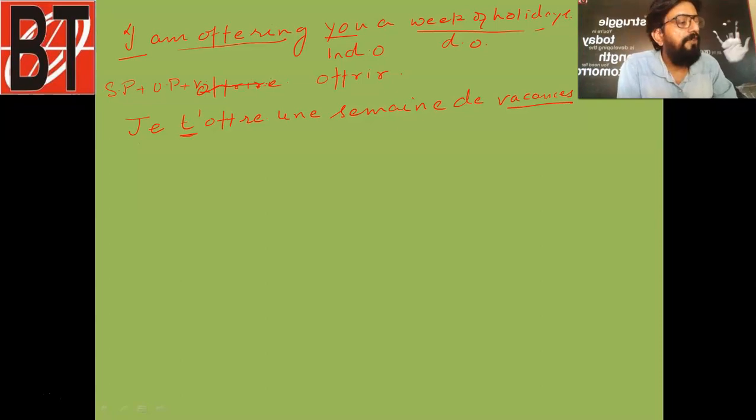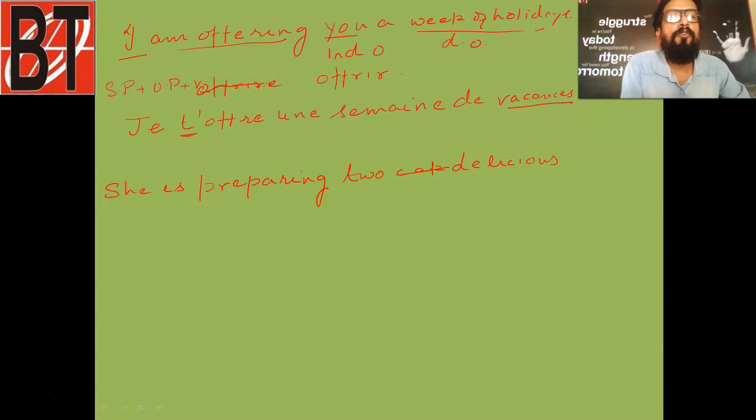For example, she is preparing two cakes. I should add delicious. So you will learn one more word, delicious.